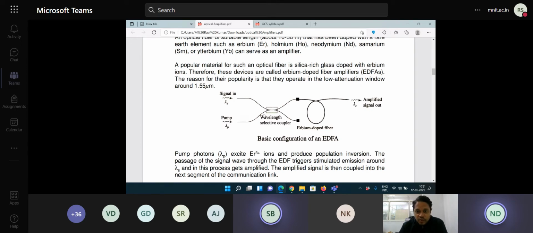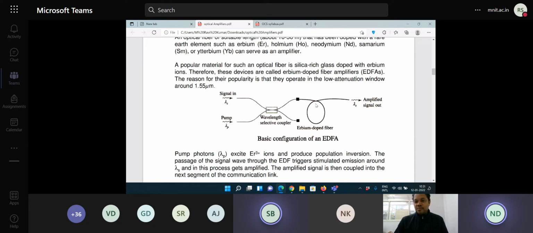Both these wavelengths are transmitted onto a single port. Once both the wavelengths propagate in the erbium doped fiber, the power which is present at the wavelength of the pump signal is transferred to the optical input signal.